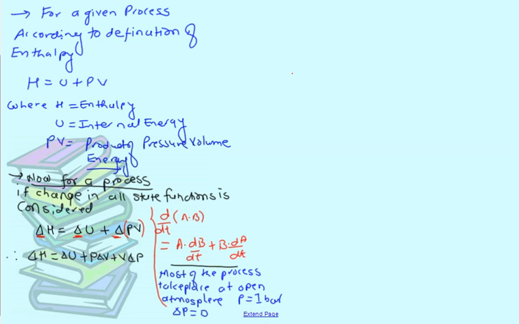If delta P equals 0, then this term becomes 0. So delta H equals delta U plus P delta V. This is a very, very important relationship. We are going to use it. Let me call this number 1. We'll continue further.